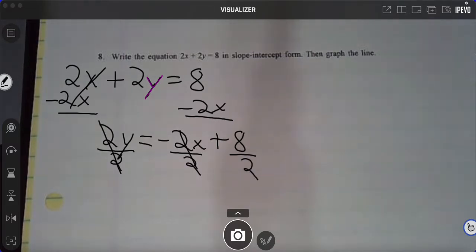So I divided everything by 2, and now I'm in slope-intercept form. So that says y equals I've got a negative x plus, and what was 8 divided by 2? 4. Okay, that's slope-intercept form. Then it said to graph it. I might put a graph stamp on here.